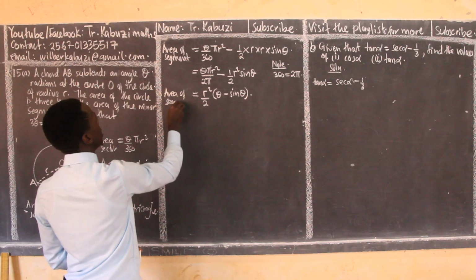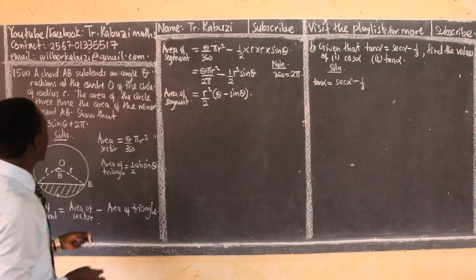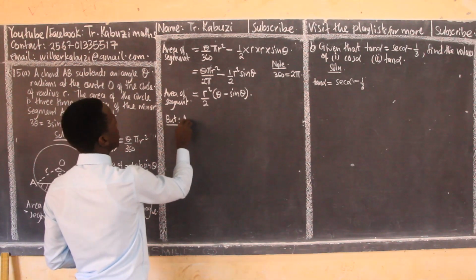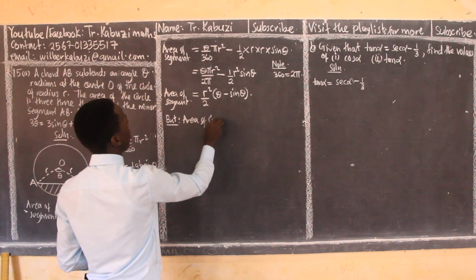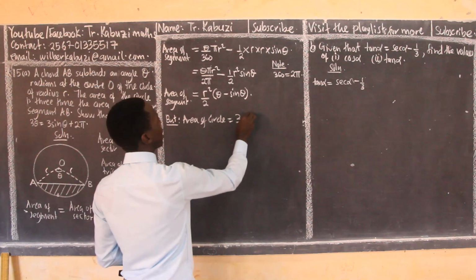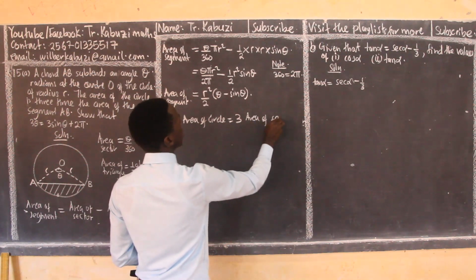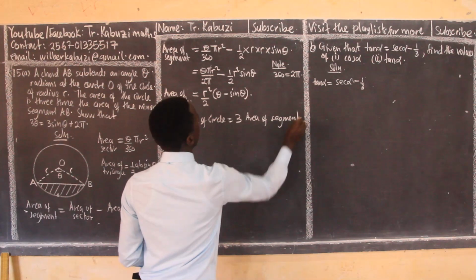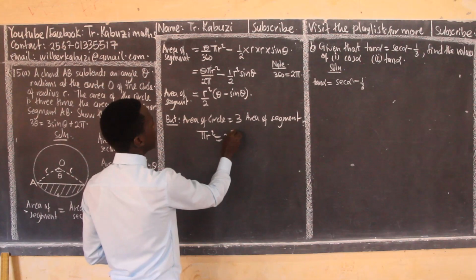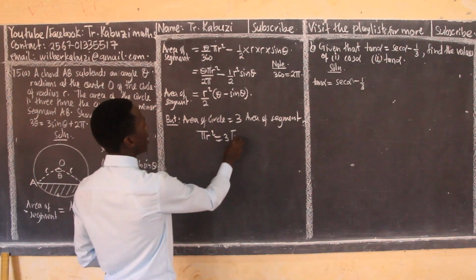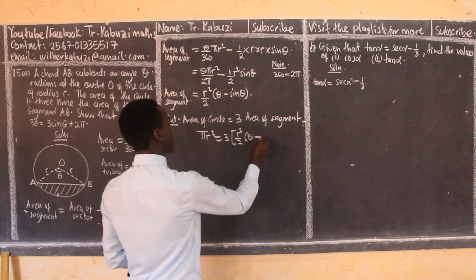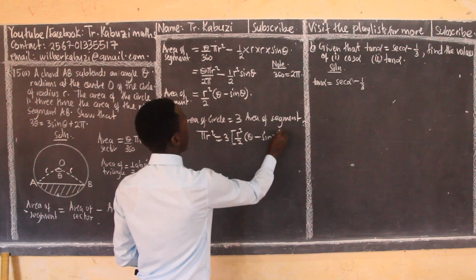Now, they're telling me that the area of the circle is 3 times the area of the segment. So the area of the circle, which we all know is pi r squared, is 3 times the area of the segment, which is 3 over 2 into r squared times theta minus sine theta.